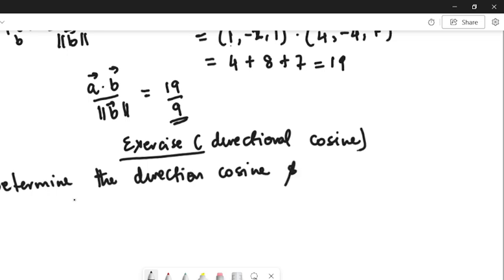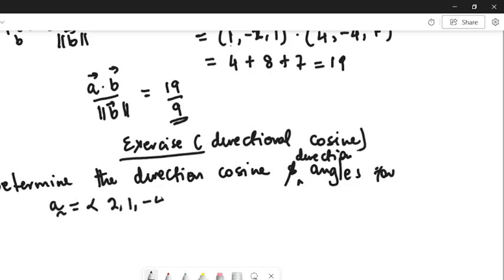If you can get the cosines, of course, you can get the angles. This is for A equals 2, 1, -4.